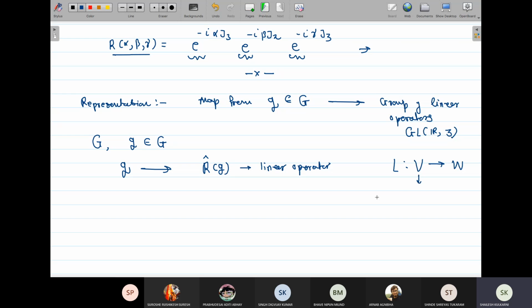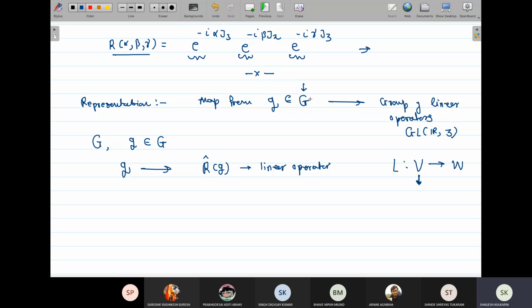The dimensionality of this vector space decides the dimensionality of the operator. In other words, it decides the dimensionality of the representation. So we say this is a 2-dimensional representation of such and such group, or we say this forms a 3-dimensional representation of such and such group.